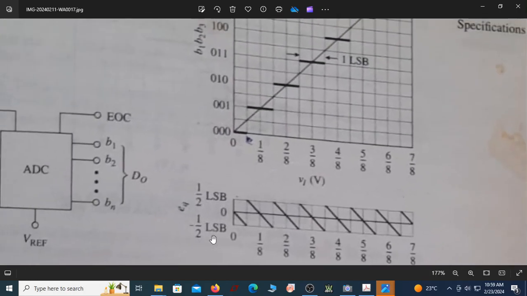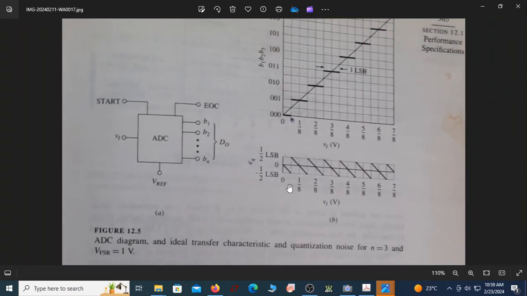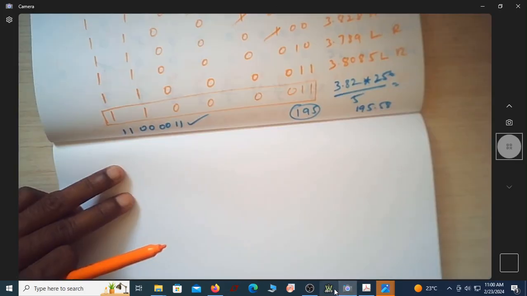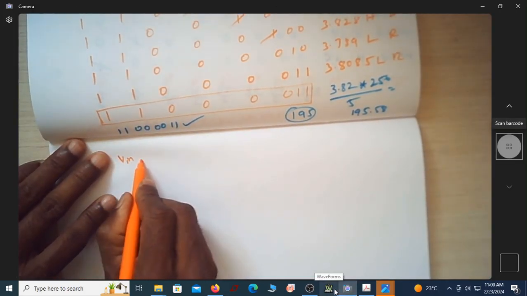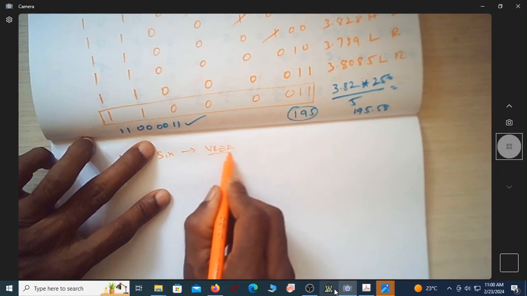Now since the transitions are happening at every odd number of half LSB, you can see the changes are happening here. So the quantization error is varying from minus half LSB to plus half LSB. This quantization error is a noise-like thing. Suppose the input voltage is a sine wave of magnitude V reference by 2.